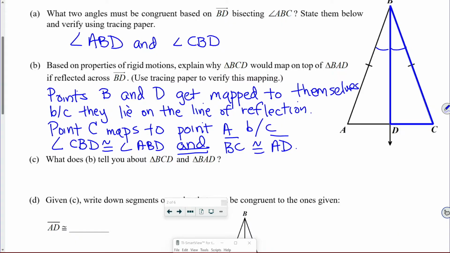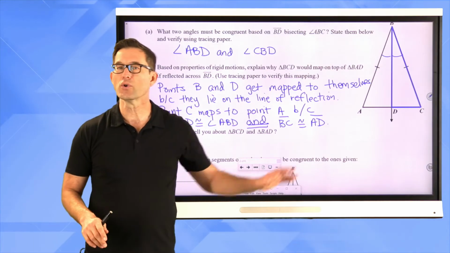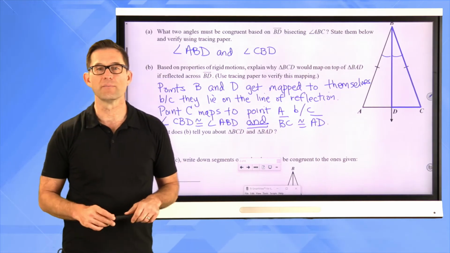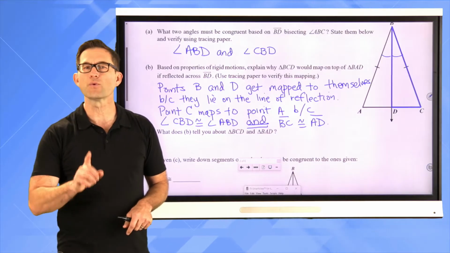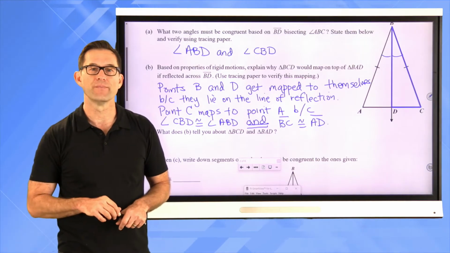All right. If either one of those two things weren't true, point C wouldn't get mapped onto point A. Or at least we wouldn't know that it would have to.